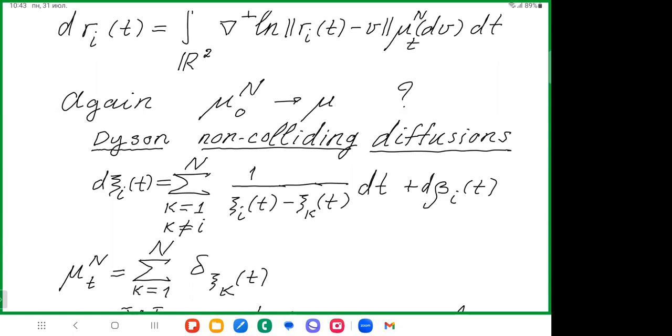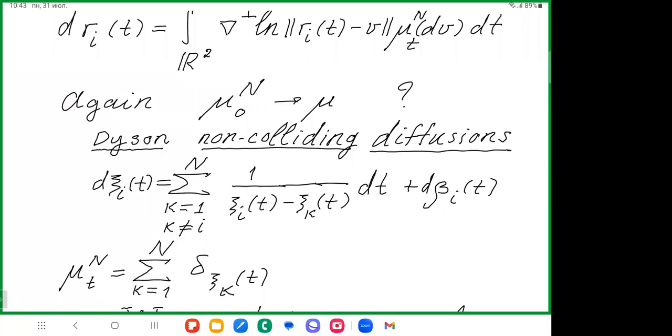In order to answer what the new equation will be, first of all, we have to create some tools to discuss this convergence of measures.